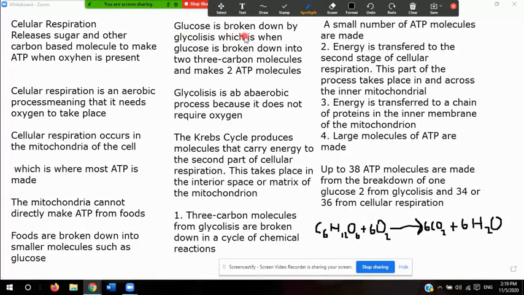The glucose is broken down by glycolysis, which is where glucose is broken down into two 3-carbon molecules and makes 2 ATP molecules. Literally, what's happening in glycolysis is that the carbon that makes up the glucose molecule is being broken down in half. And what that means is that two ATP molecules are actually being formed when that happens.